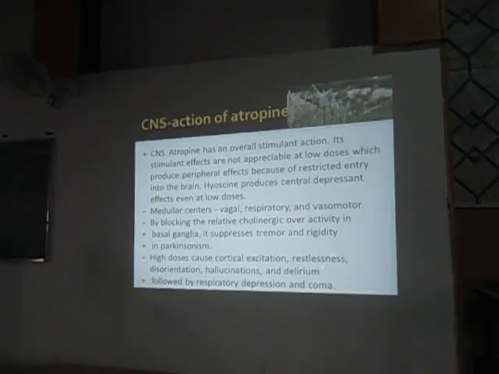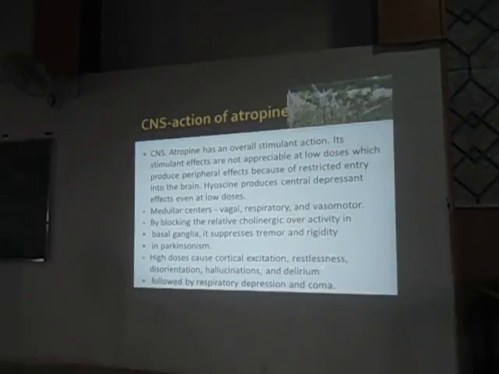A second instance, when I was doing my house surgeonship, was a similar problem in a government hospital. The person went to the rooftop, climbed, and jumped from the top. He died on the spot. So rather than the organophosphorus toxicity, the person can go into hallucination and delirium in case of atropine toxicity and can die.